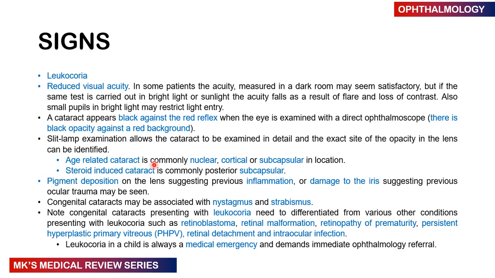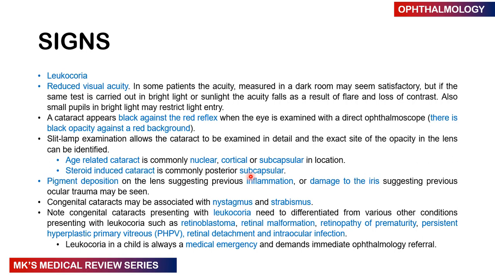So with the age-related type of cataract, they are common in the nuclear, cortical, and subcapsular locations. The steroid-induced are usually subcapsular. Then, of course, there may be some pigment deposition on the lens, suggesting previous inflammation or damage to the iris, suggesting previous ocular trauma that you may see. Then congenital cataracts are usually associated with other conditions like nystagmus and strabismus.